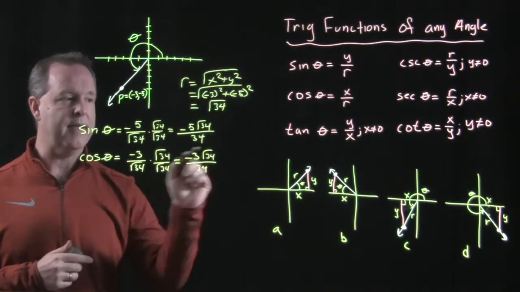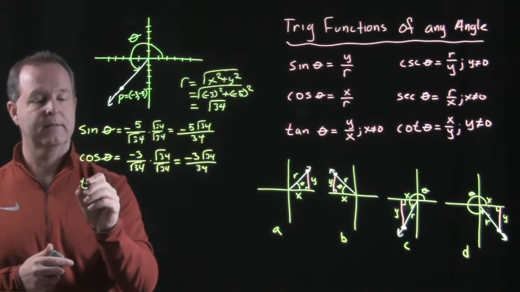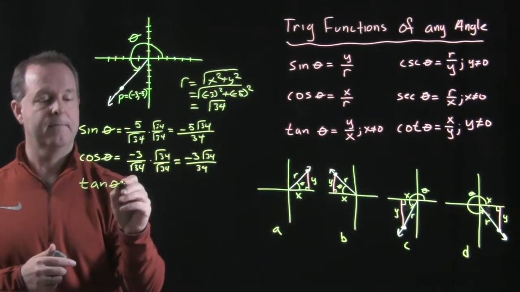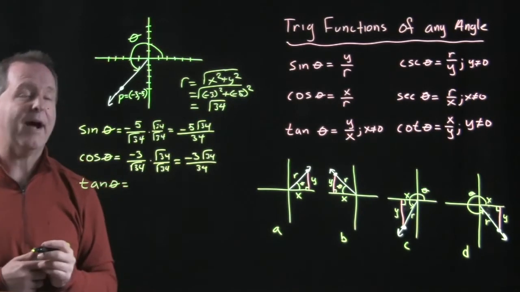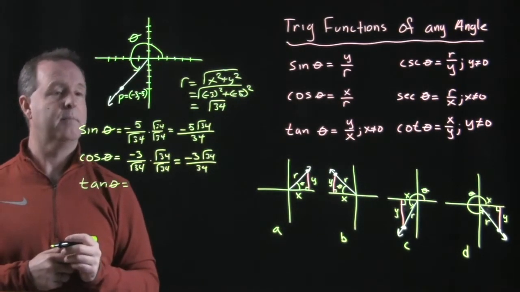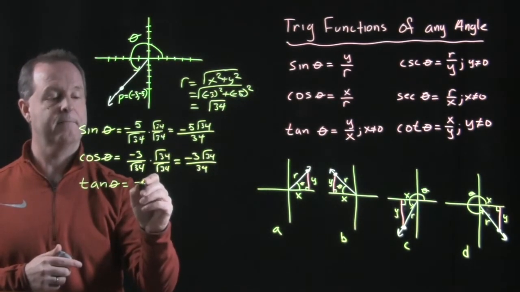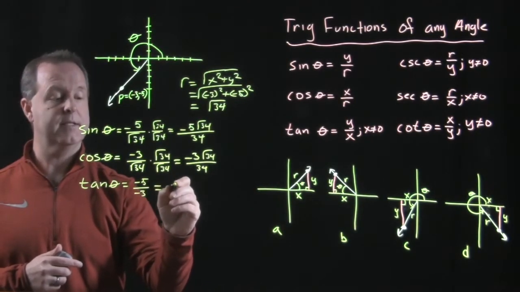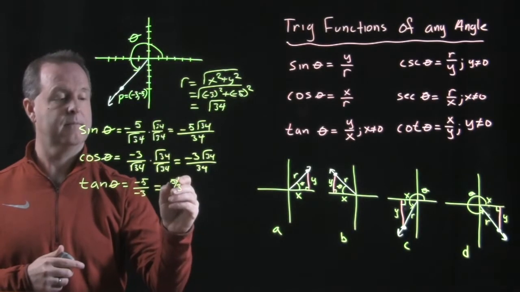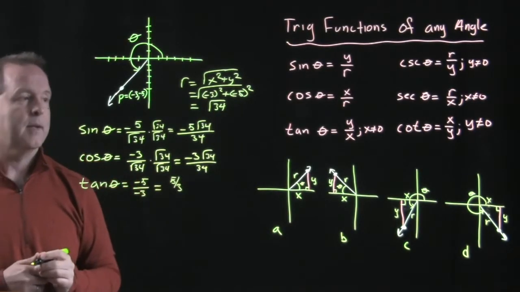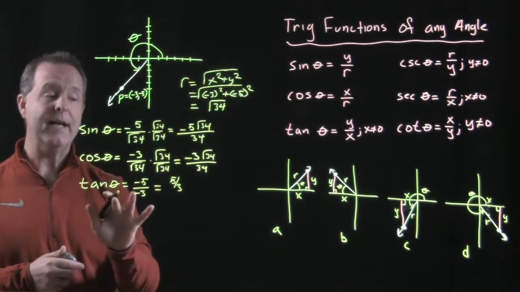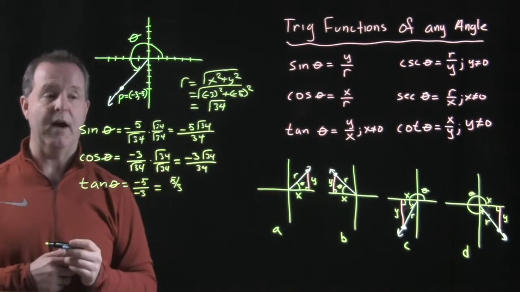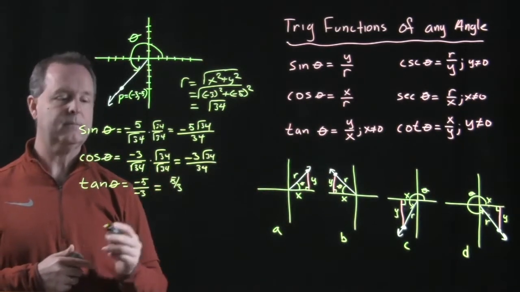That's not true with everything else. For example, our tangent of theta, in this case, is my y value over my x value. My y is -5 over -3, and that produces 5/3. So it's defined there, but it's not defined if my x value was 0.